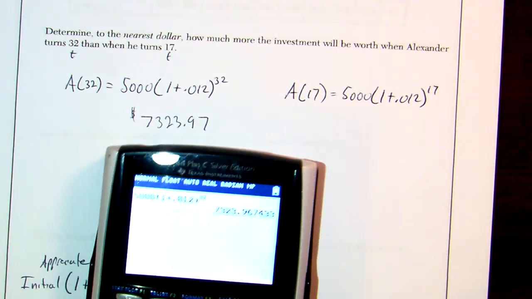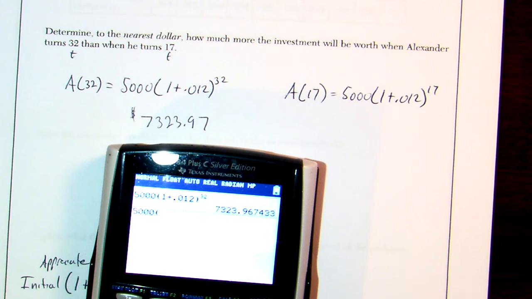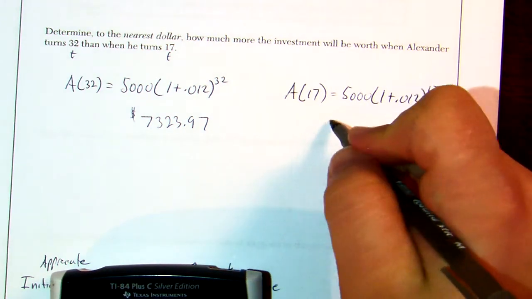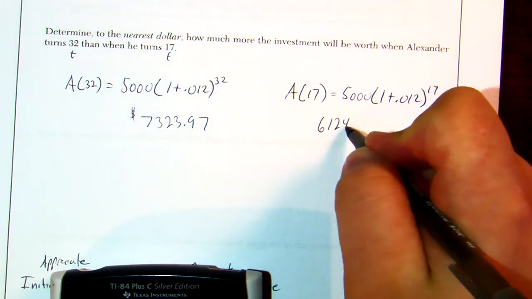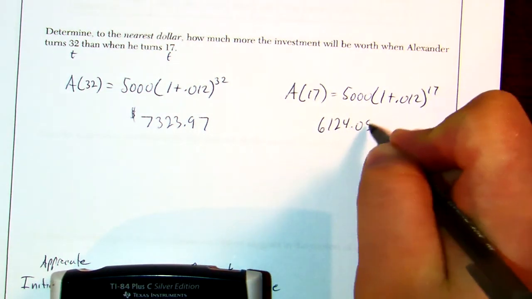And the other one, 5,000 times 1 plus 0.012 to the 17th, is 6124.05.